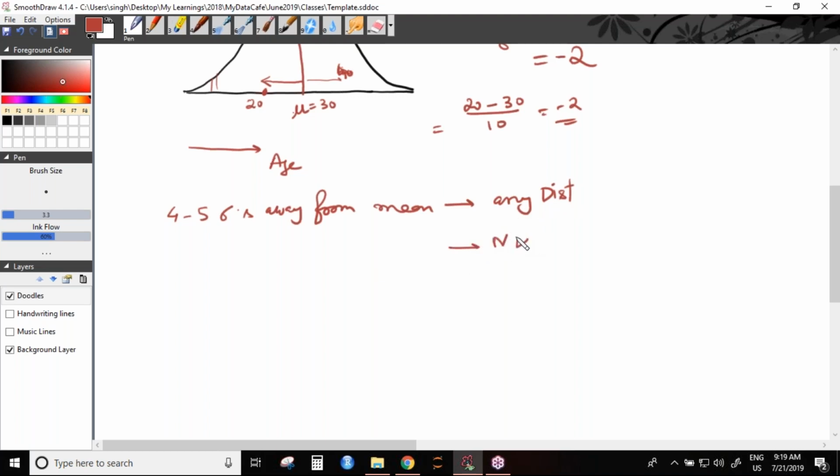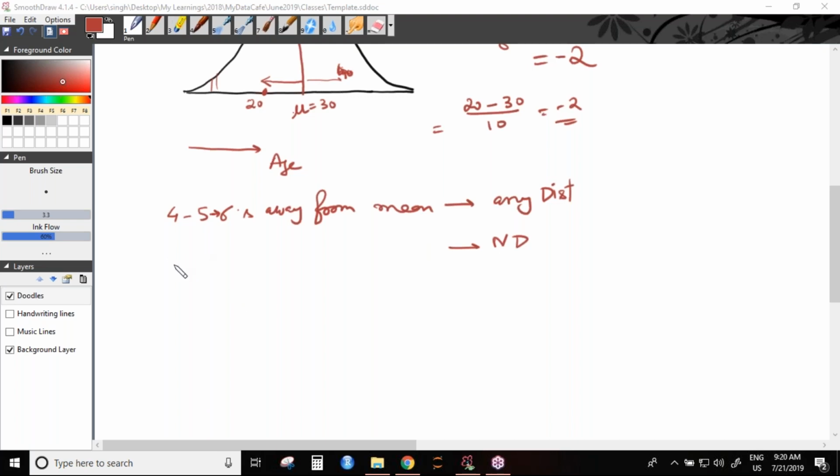And for a normal distribution, what had we seen? This is important. We covered this last week. For a normal distribution, all your data will be within plus minus 3 standard deviations.